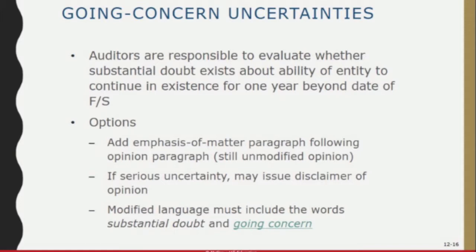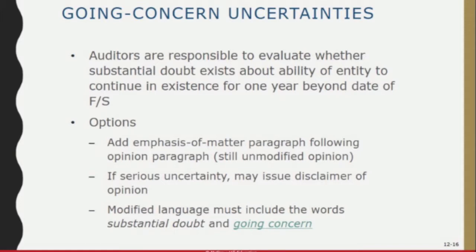So in those cases, the auditor evaluates, and if they have substantial doubt about the company's ability to continue as a going concern, they can add an emphasis of matter paragraph after the opinion paragraph. But the opinion is still unmodified, right? They're still issuing a clean opinion in a way. They're saying financial statements are in accordance with GAAP, because that's not the issue. The issue is that the company's having problems and there's doubt that they'll be able to continue as a going concern.